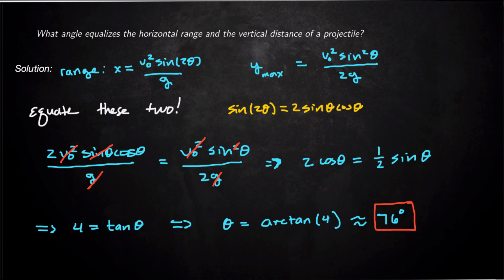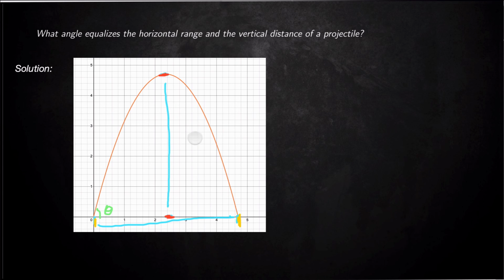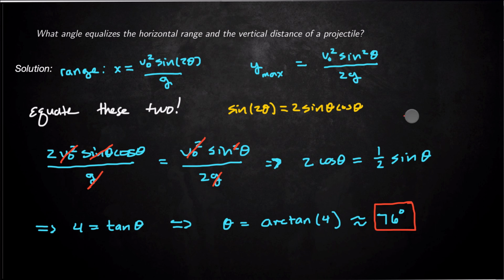And when we do that, we get this picture right here. For whatever initial velocity it is, we get a parabola whose horizontal intercepts, the x-intercepts, are the same as this distance from the x-axis to the peak of the parabola. So it's really an interesting problem.